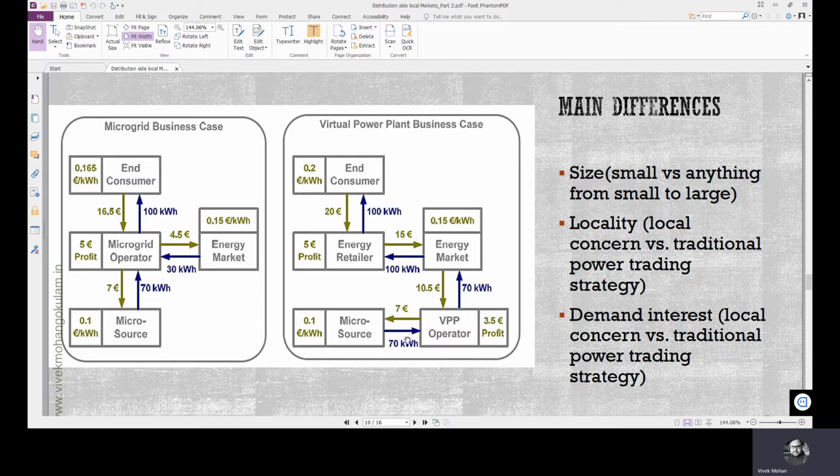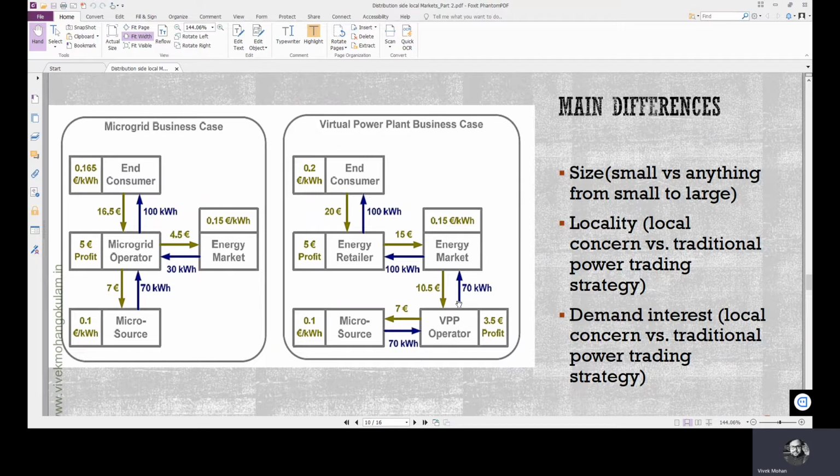The 70 kilowatt hours is bought by the VPP operator here. The same 70 kilowatt hours was bought by the microgrid operator in the microgrid business case, at the same price. So 7 euros is paid by the VPP operator to the micro source. Now this same 70 kilowatt hours, he cannot directly distribute to the end consumer, so he should go through the energy market.